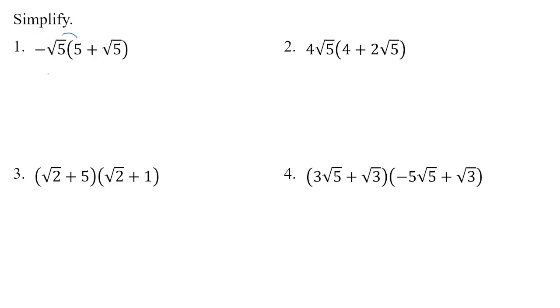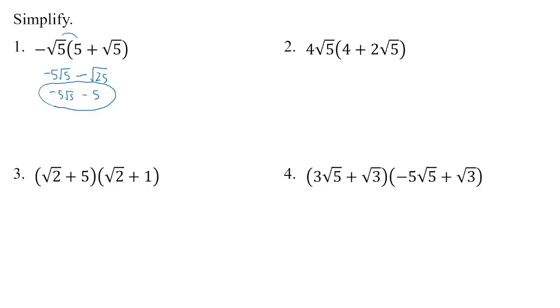Negative square root of 5 times 5 is negative 5 square root of 5 minus the square root of 25. We could take the square root of 25, and that will give you 5. Therefore, your final solution is negative 5 times the square root of 5 minus 5.